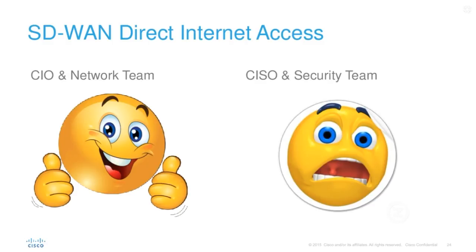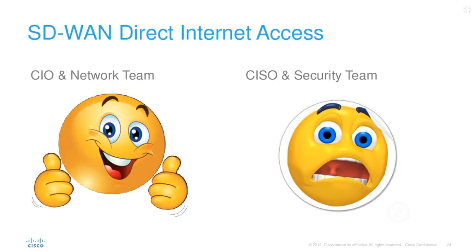And the folks that hate it are the security folks, the CISO, the CSO, and the security team, because they are horrified. This is now an internet access point, and the scope of the environment that I have to deploy all my security controls to has now increased to encompass all of those branches that are out there.